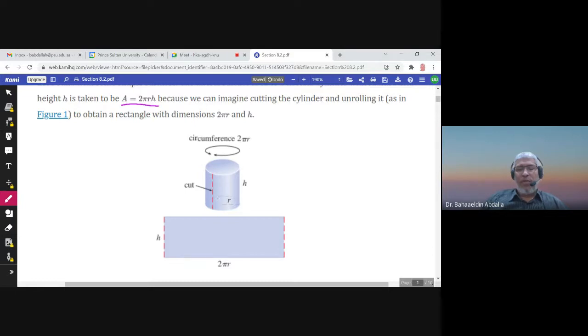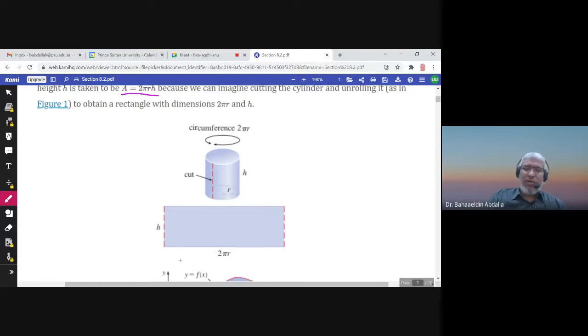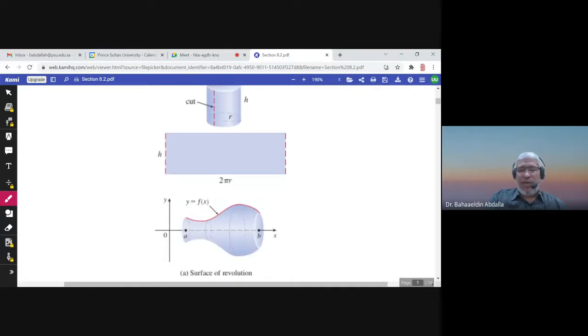If you multiply it by h, then you get the area of the surface of the cylinder. You can imagine that we have a cut here, and then this is the surface of the cylinder without the bottom and the top. The area of this rectangle is just 2 pi r h. So this is what we mean by surface area.